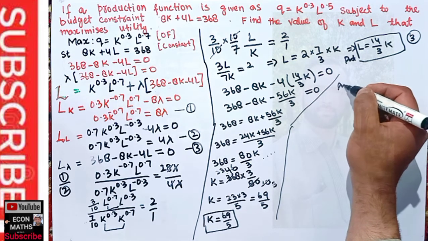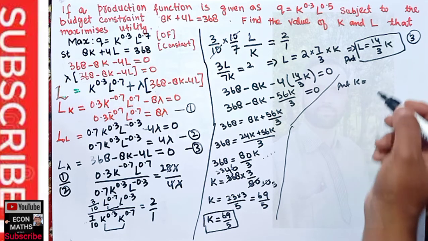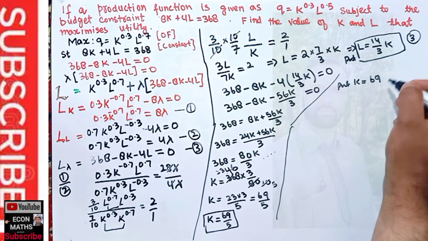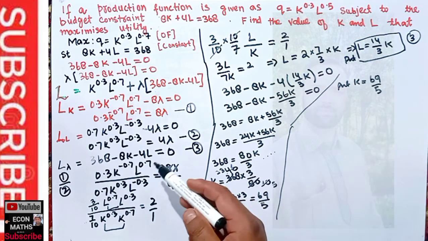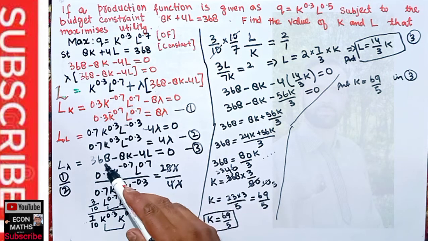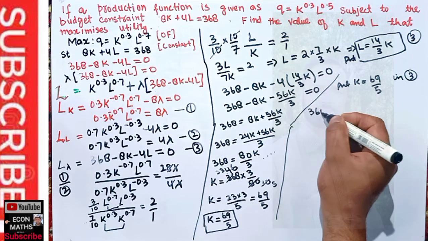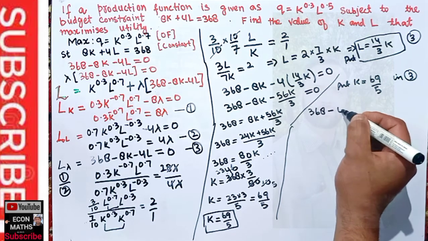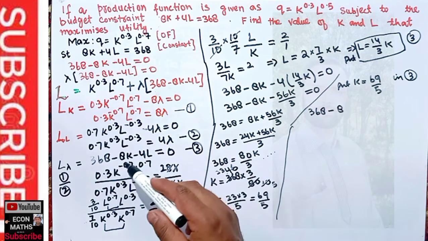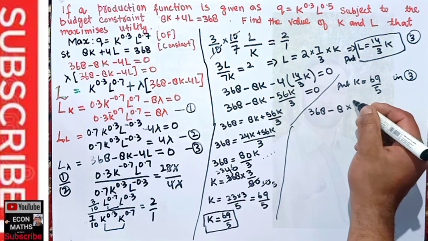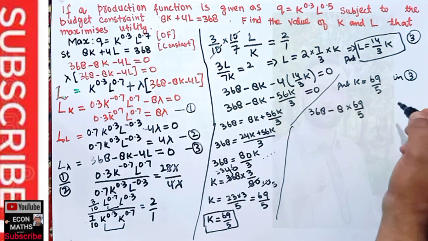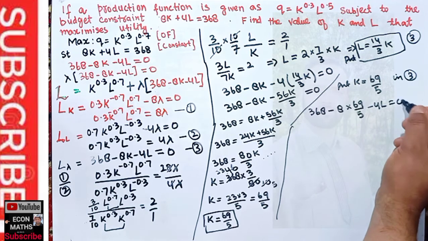Now we will put K is equal to 69 divided by 5 in the third equation to get the value of L. So we have here 368 minus 8 into the value of K, which is 69 divided by 5, and we have minus 4L is equal to 0.